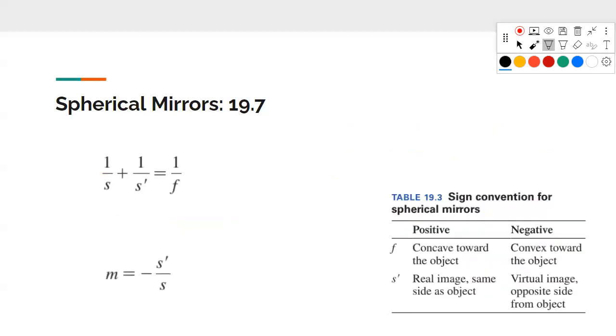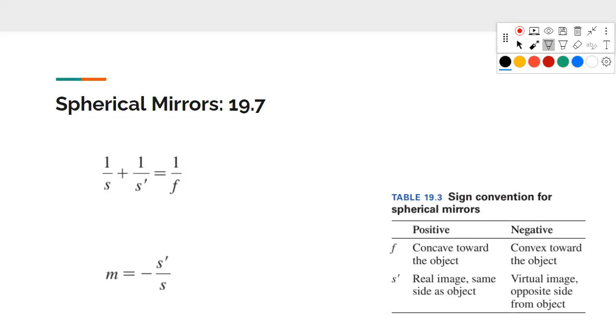It turns out that these three variables, s, s prime, and f, are related exactly the same way for mirrors as they are for thin lenses, which is really crazy. But it all just comes down to similar triangles. I know I mention similar triangles quite often, but they really are the basis of understanding both lenses and spherical mirrors because of the assumptions that we make about refraction and reflection in those systems.